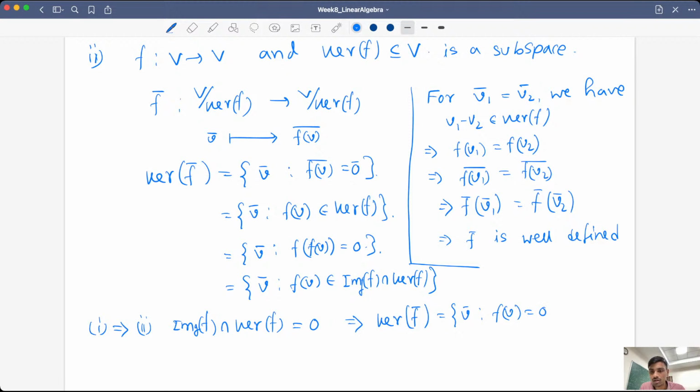But fv equals 0 means v belongs to kernel f.